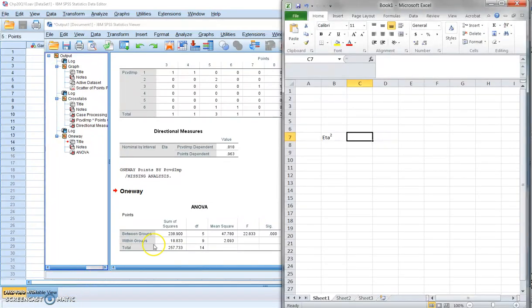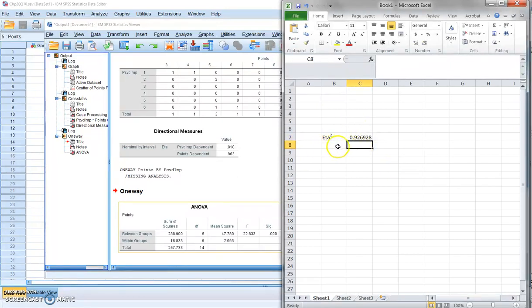Remember that in one-way ANOVA, eta squared is a measure of effect size, which is the sum of squares between, 238.9, over the sum of squares total. So that's our eta squared.